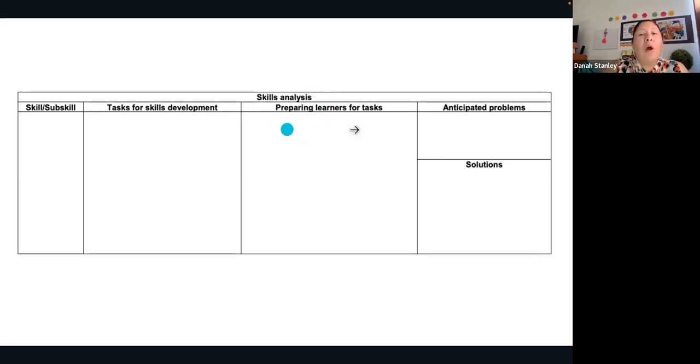Then, how you are going to prepare the students for this listening for gist. Maybe I'm going to make a presentation of key vocabulary so students can infer and deduce the general idea.